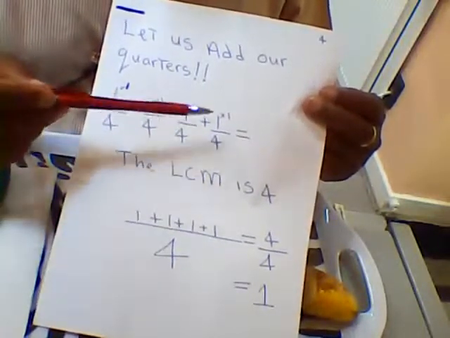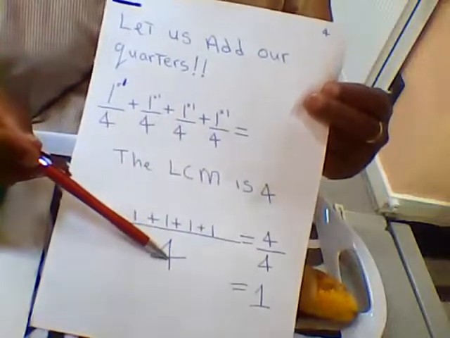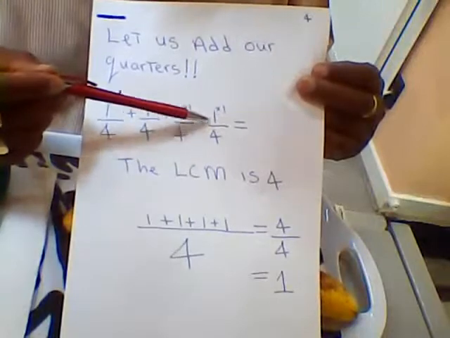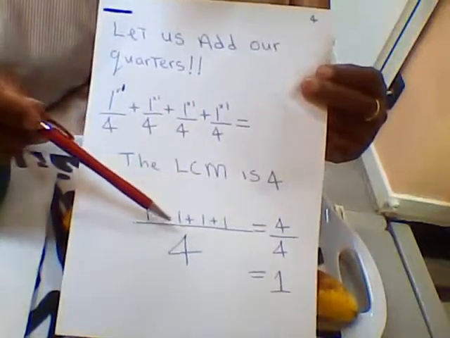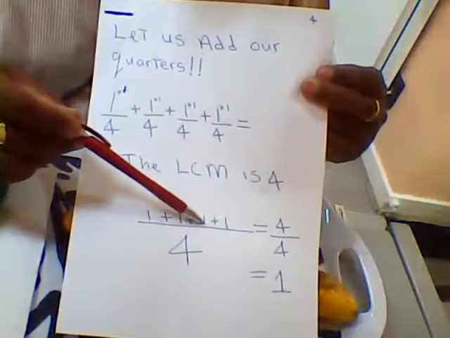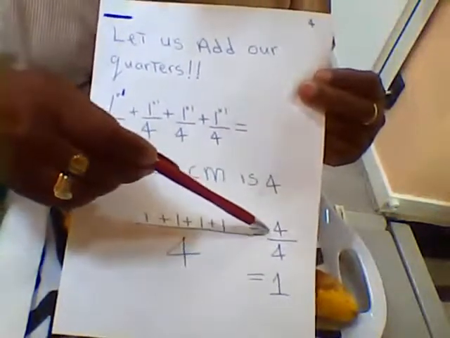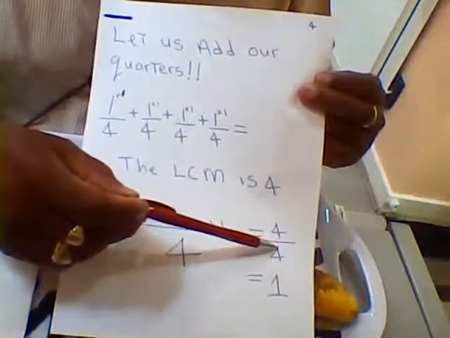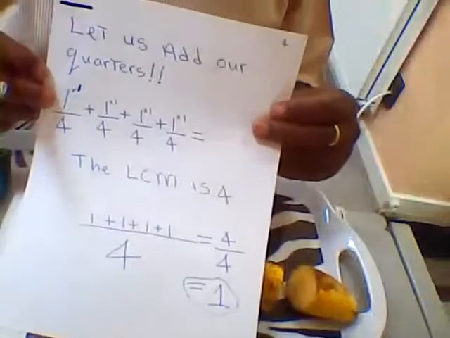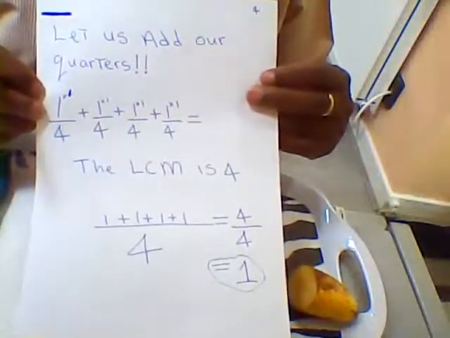Here again, 4 into 4 goes once. 1 times 1 equals 1. And we have 1 plus 1 plus 1 plus 1 equals 4. And 4 divided by 4 is equal to 1. So we have proven that quarters, when added up together, will equal 1.